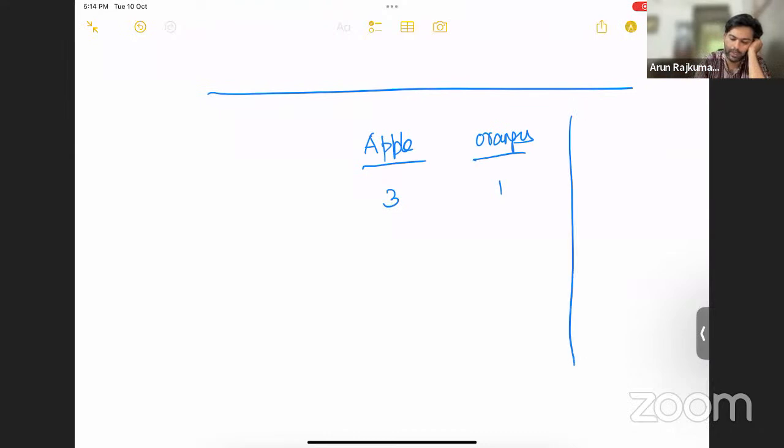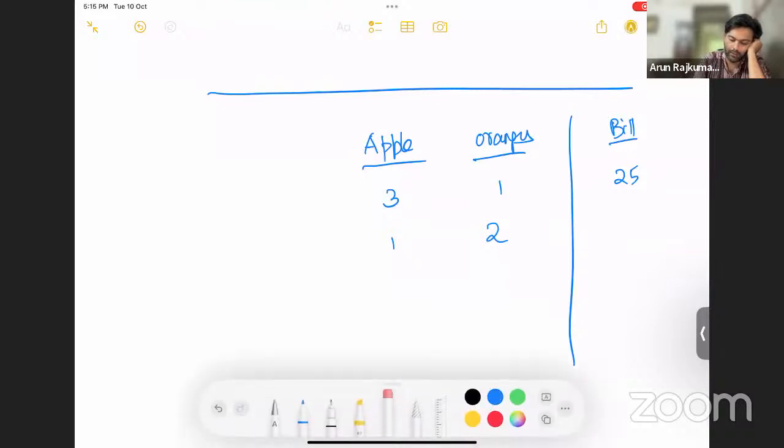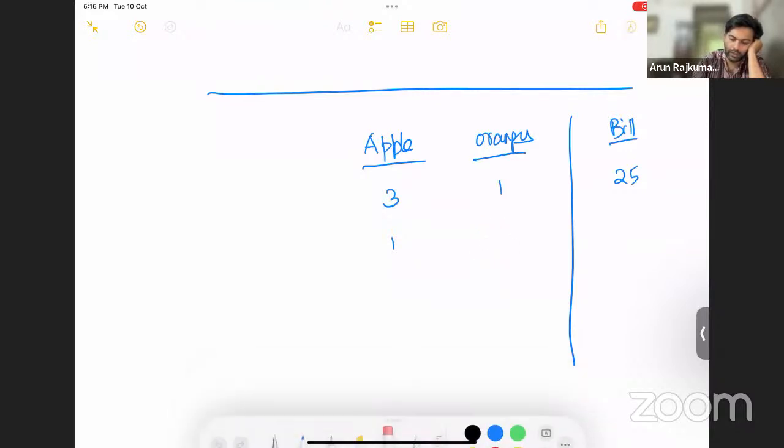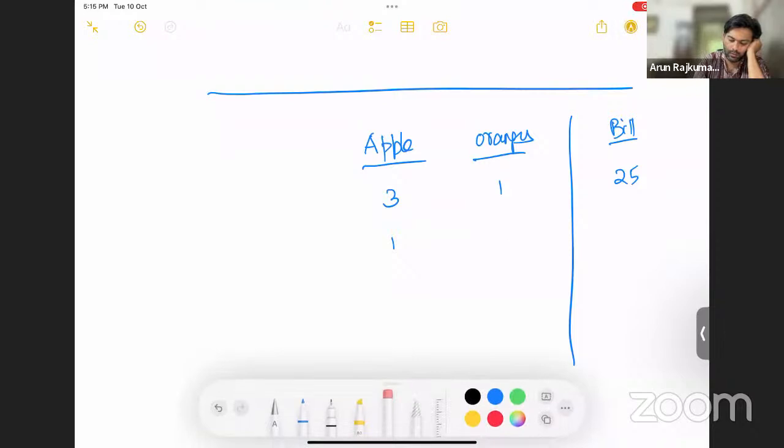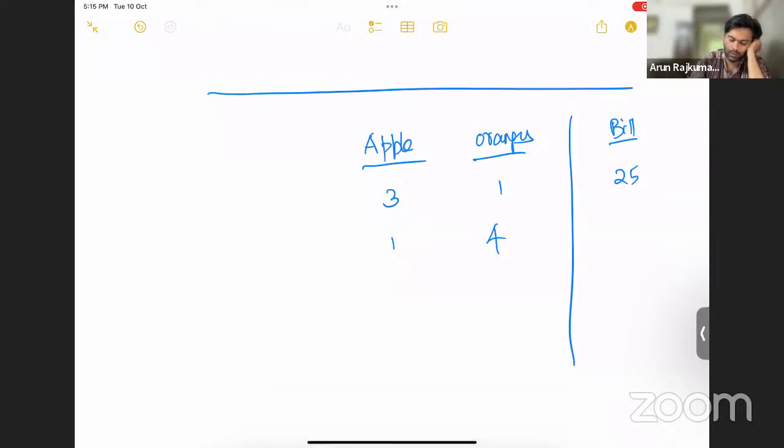It's a simpler problem. Let's say the bill is 25. Let's say 1 apple and 4 oranges is 45. Now I want 10 apples and 10 oranges.